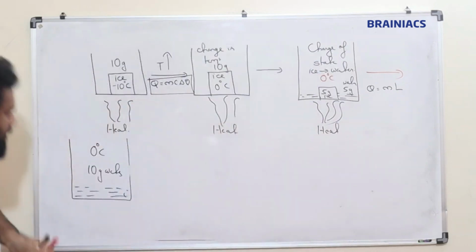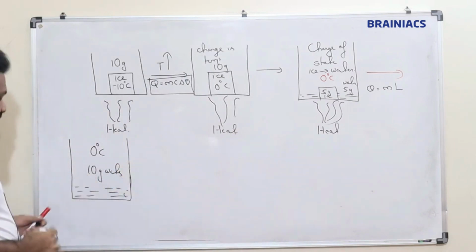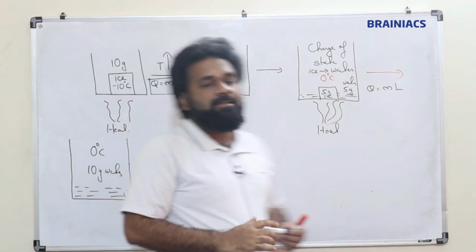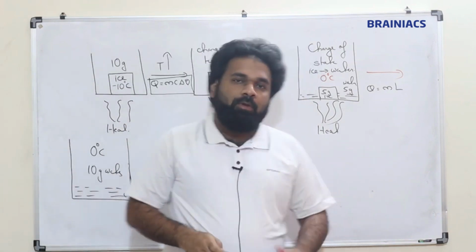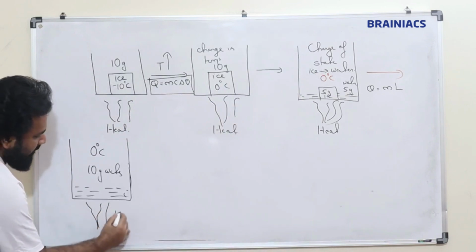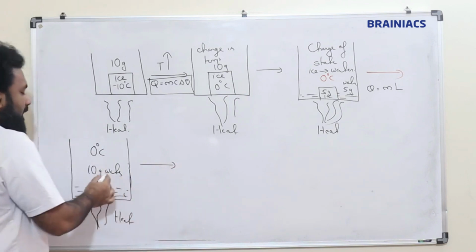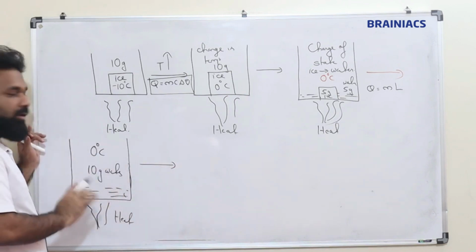Now what is the next possibility? Now this is completely water at 0 degrees Celsius. Now again if we apply heat, what can happen? Now it is completely converted into water.